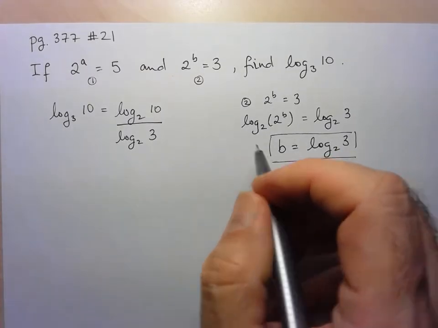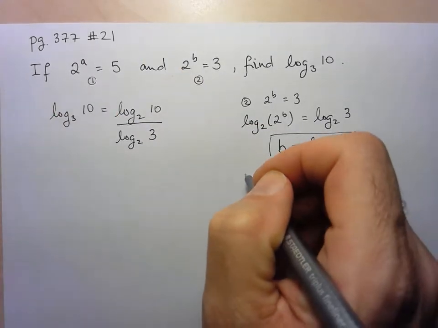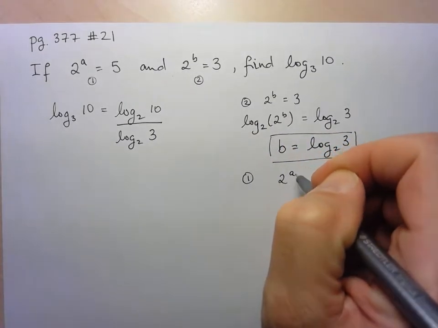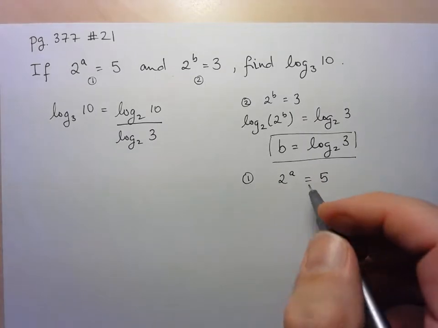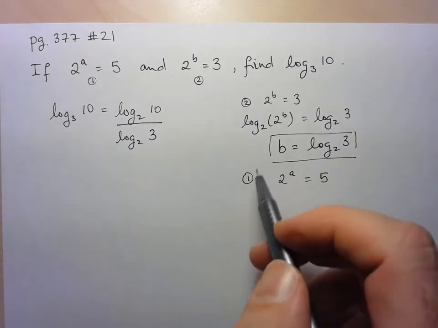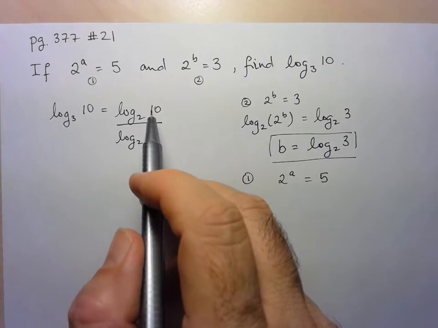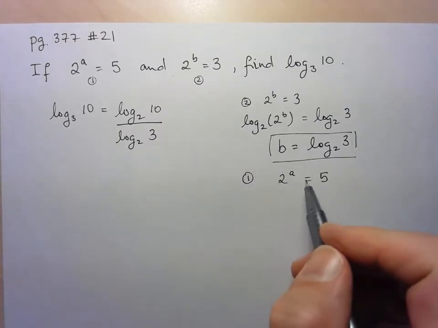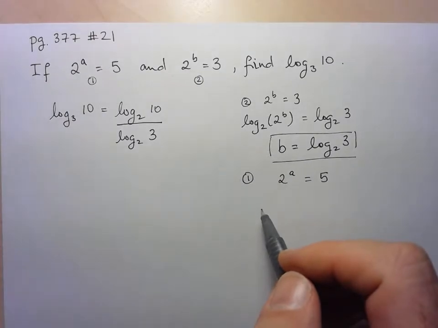Now let's see what we can do with the first piece of information that was given. I was given 2 to the a equals 5, but I'm not going to do the same thing right away, because I don't have log base 2 of 5 here, I have log base 2 of 10. So I think I need to change this equality a little bit. How do I get to 10?